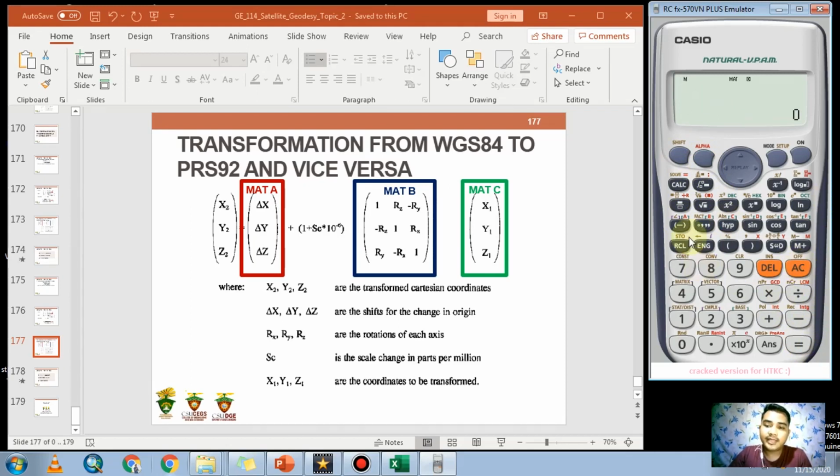Then matrix B, shift 4, dimension. We enter matrix B as 3 by 3.